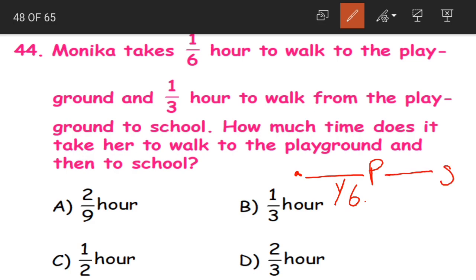From there to her school, it takes 1 by 3 hour. We have to find out the total time that she takes to go to the playground and then to the school. What would be the total? How will we calculate? We have to add these two together. Yes, 1 by 6 plus 1 by 3.